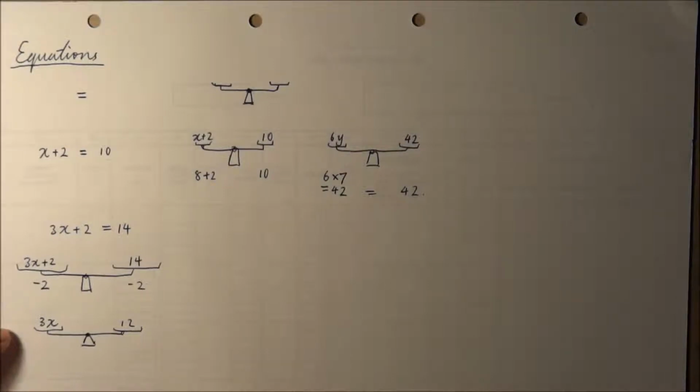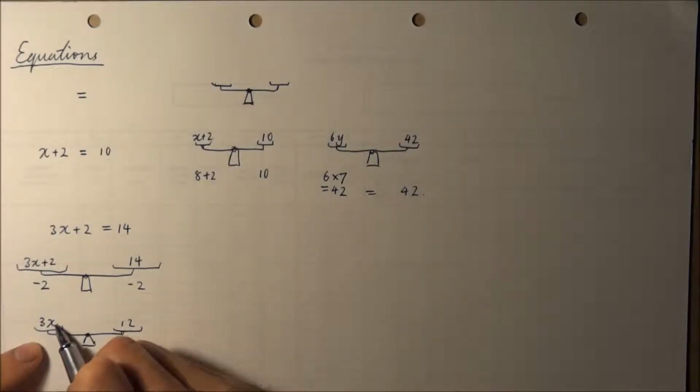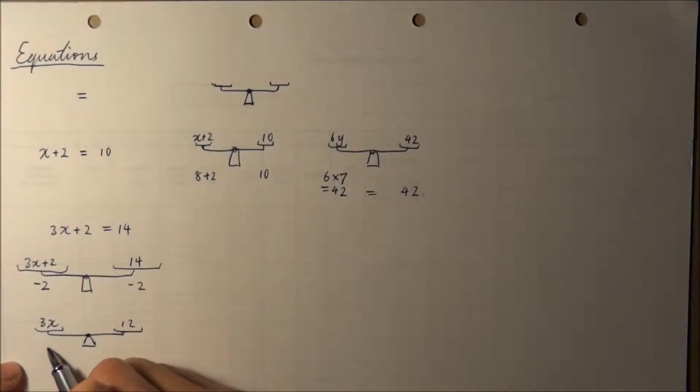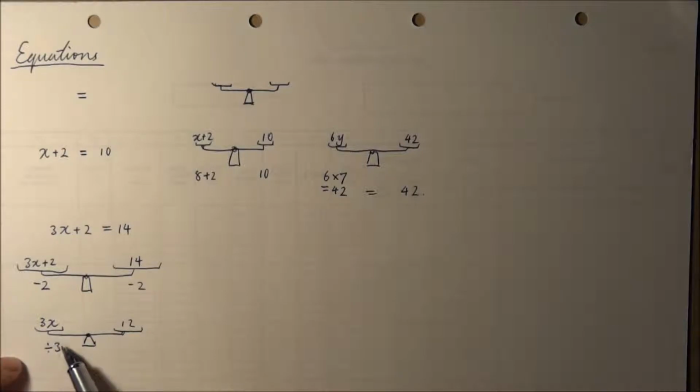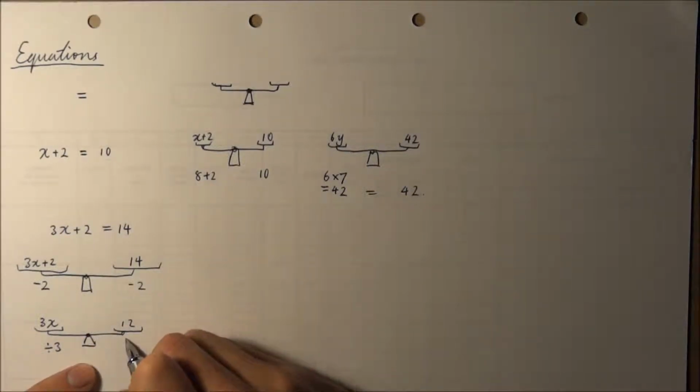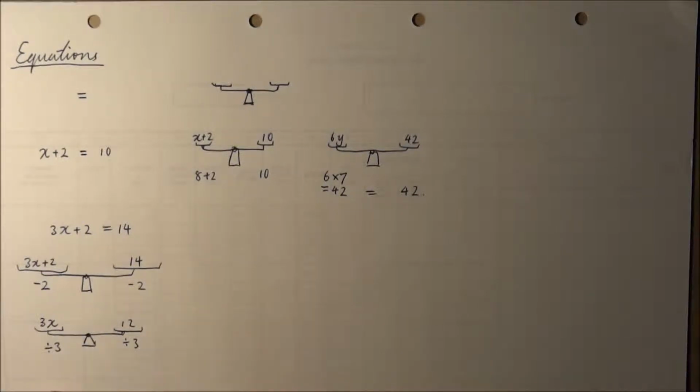Our next step in undoing the operations here, we divide by 3, since dividing by 3 will invert the multiplication by 3 here. Once again, to ensure that the scale remains in balance, we have to do the division on the other side as well.